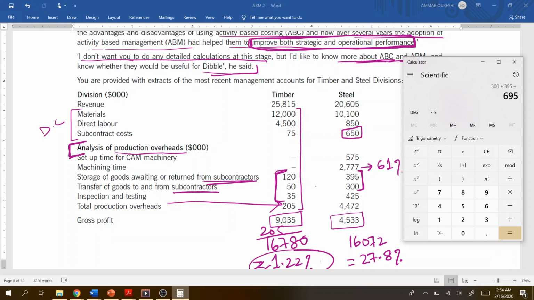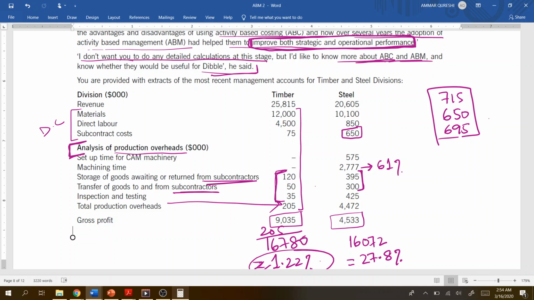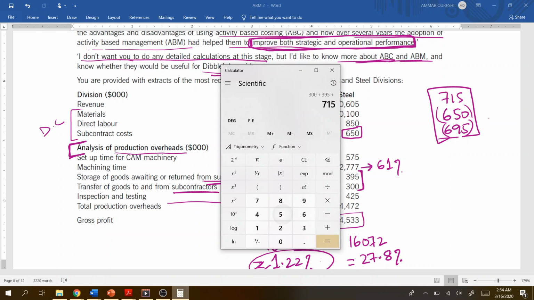So if we add this cost to this part, what is the profit? Deduct this figure and you will get the profit. In fact, it is a loss: 715 minus 650 minus 695.